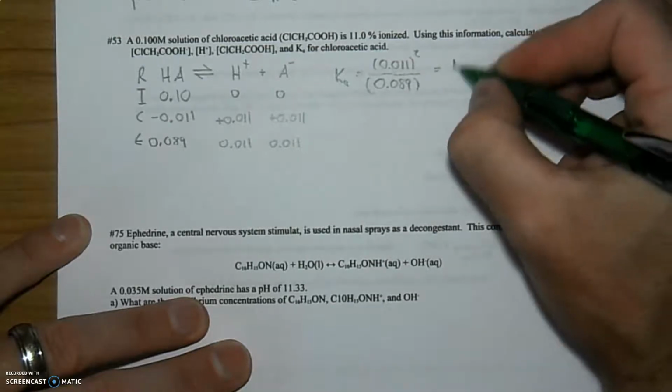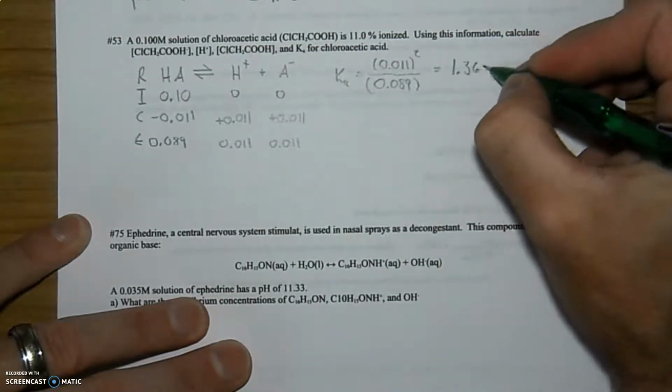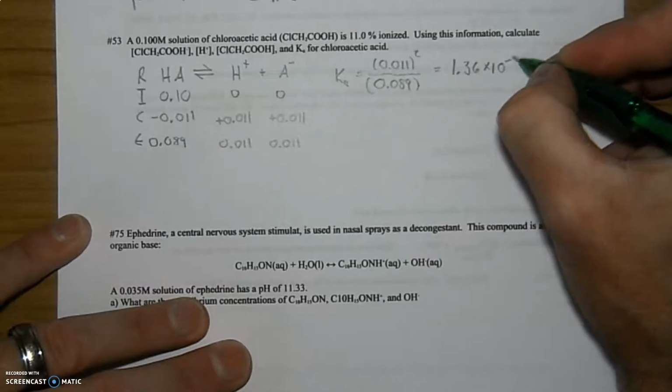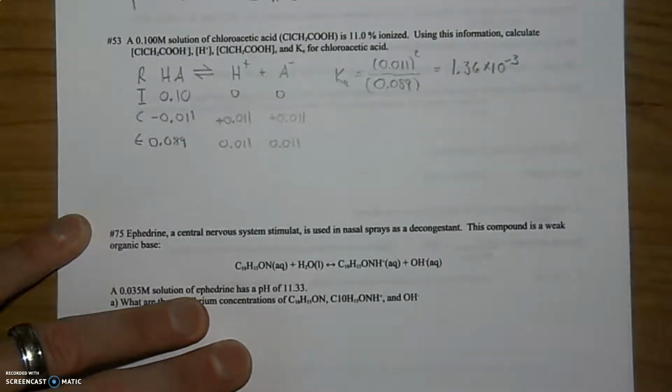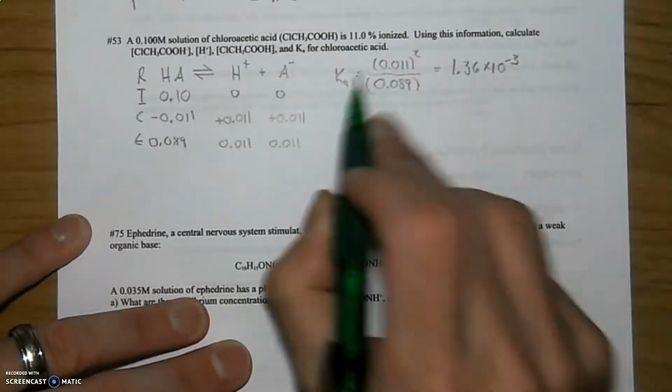And I will get 1.36 times 10 to the negative 3. There we go. So that is the Ka value, products over reactants.